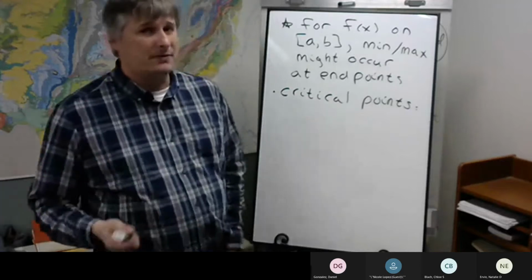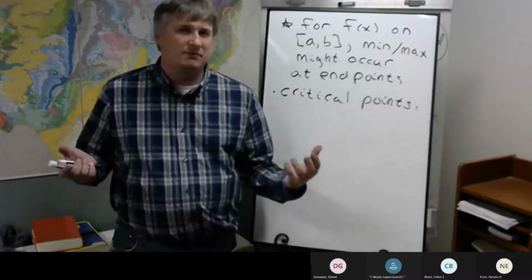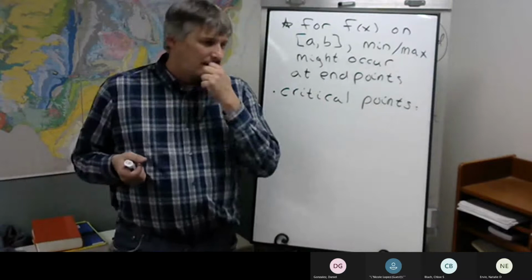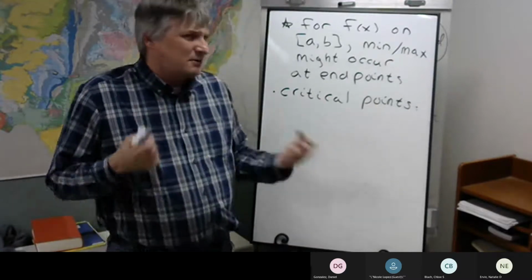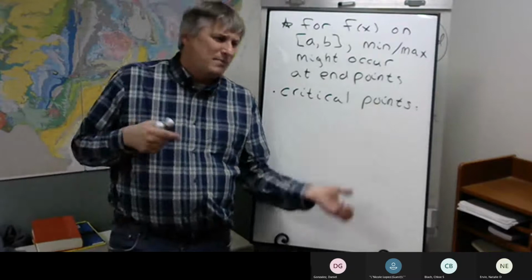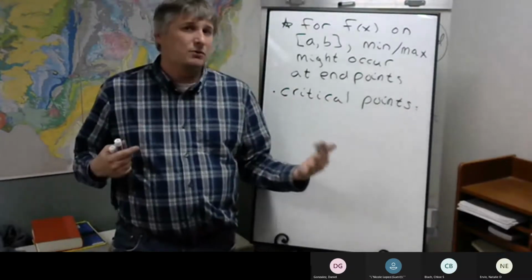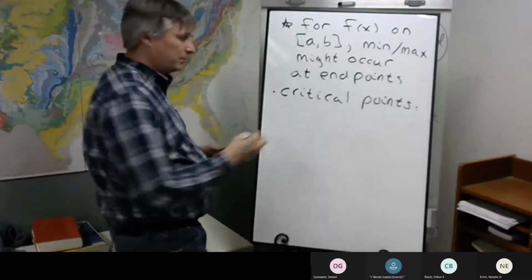This is the big difference with algebra. So computing the value of f of x at the endpoints, that's not too difficult. We can do that. But how do we find whether or not f of x has a minimum or a maximum between a and b? That was the big issue with algebra. Well, this is what we're going to do. First off, what are critical points?